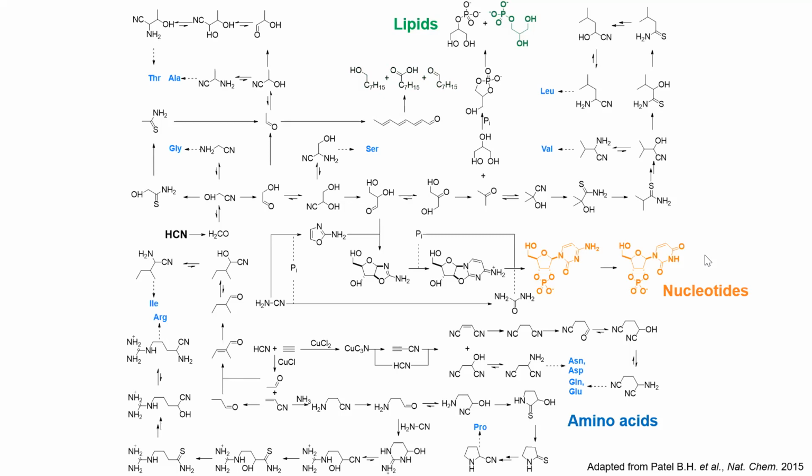Now, I'm showing you that all of these molecules could have originated from hydrogen cyanide, and this means that all of these molecules could potentially have been available on early Earth. And so, because these are the building blocks of modern cells, they likely contributed to forming very simplified versions of cells, so primitive cells.